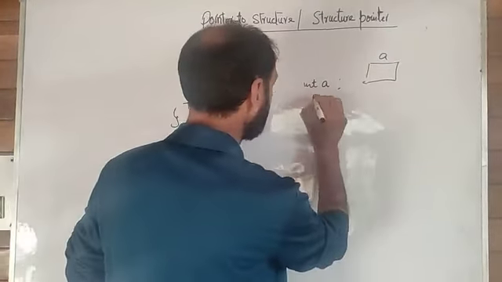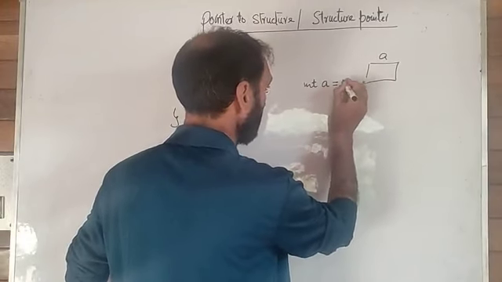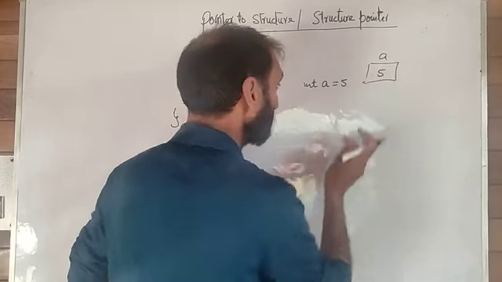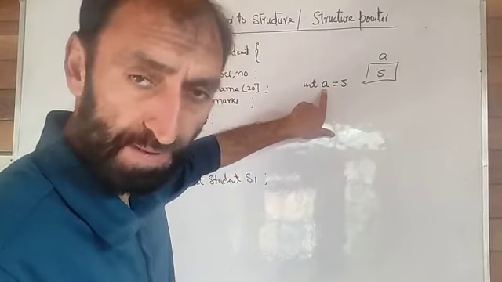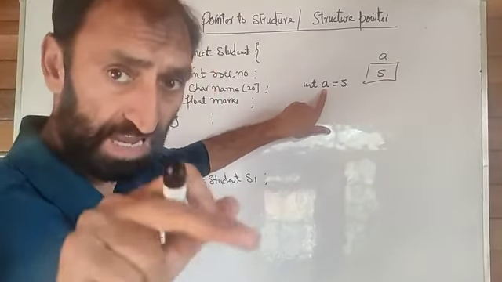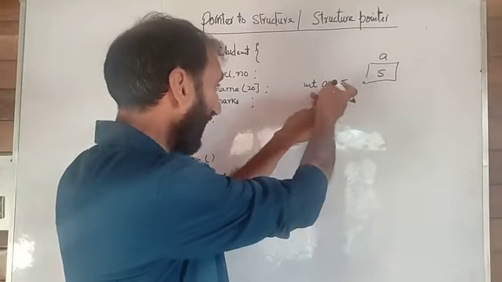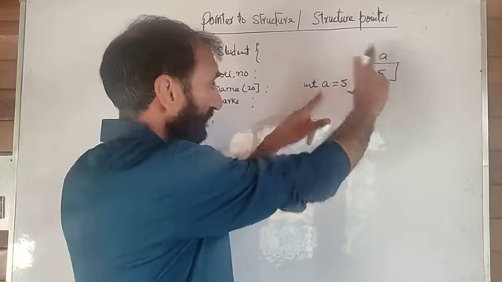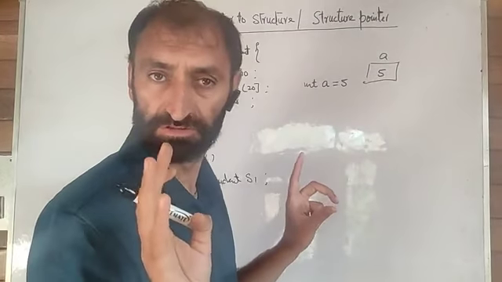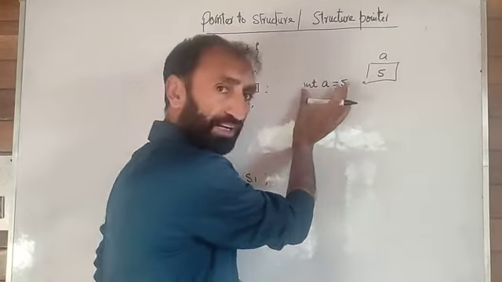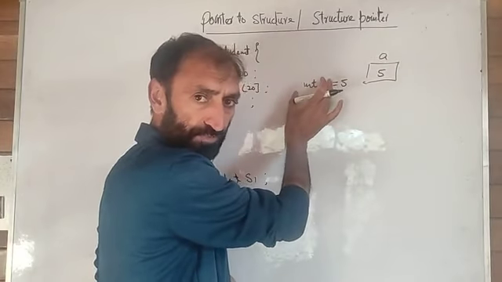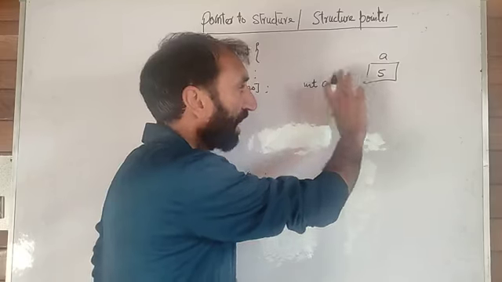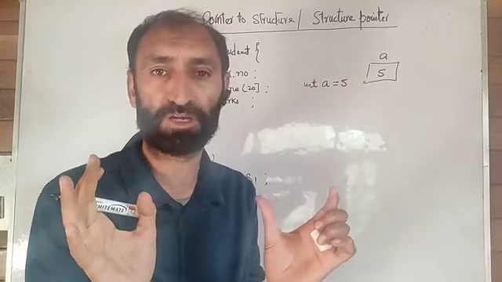And if we initialize it at compile time, A equal to 5, that means A is the name of the memory location that holds the integer value 5. Through this declaration, 4 bytes of memory will be allocated by the memory manager for this A.